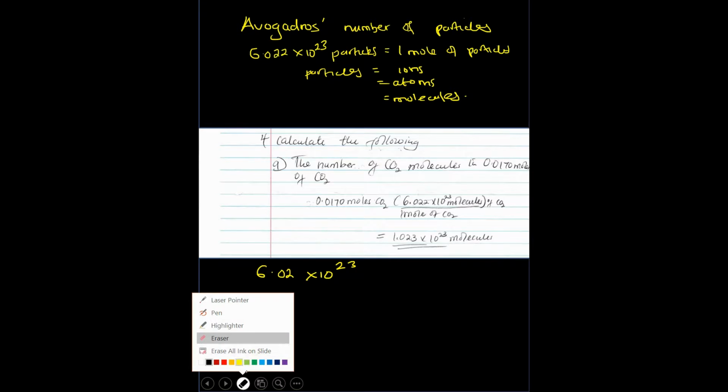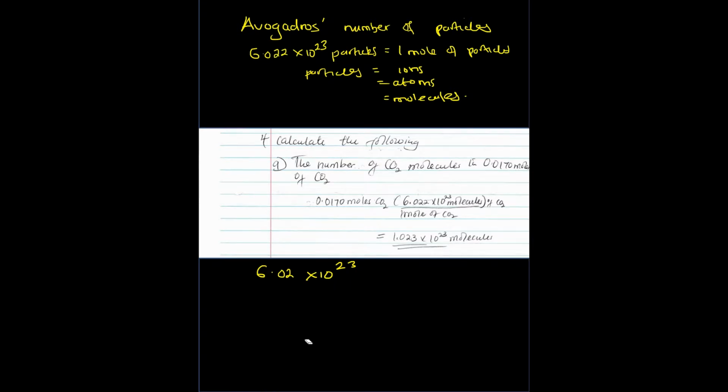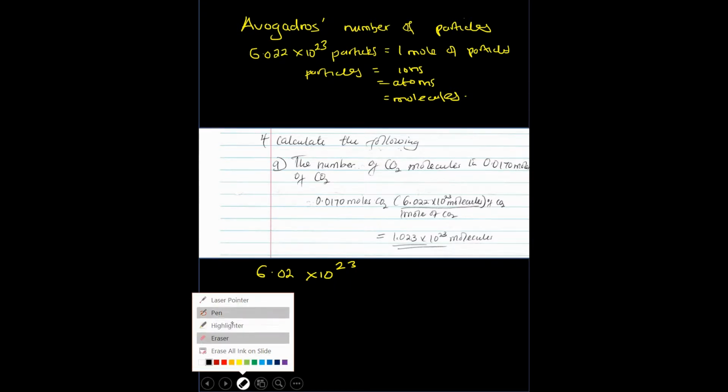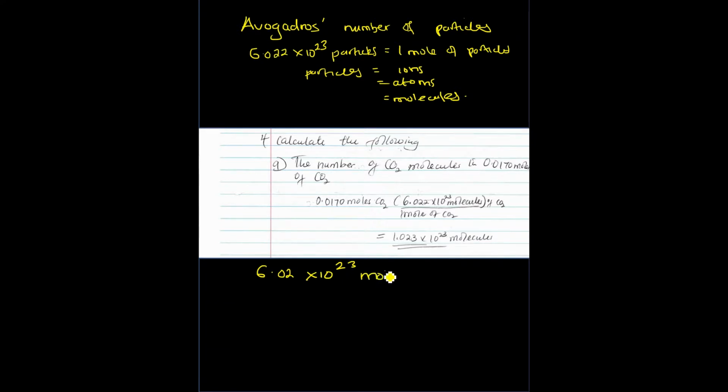The particles we are talking about are molecules. They should be equal to 1 mole, but you are given 0.0170 moles of CO2. So the Avogadro number of CO2 molecules should be equal to 1 mole of CO2.